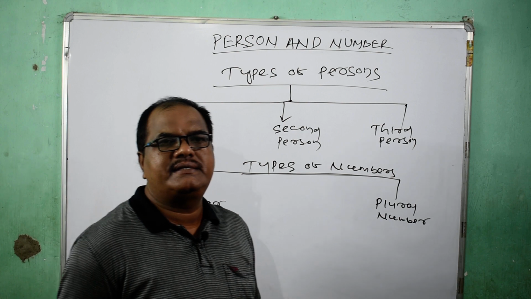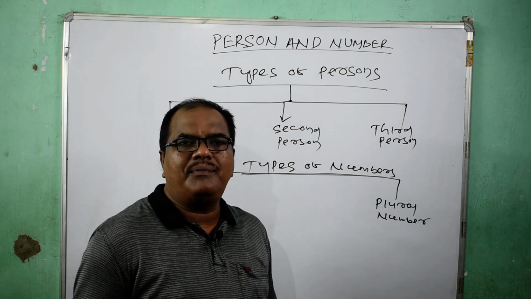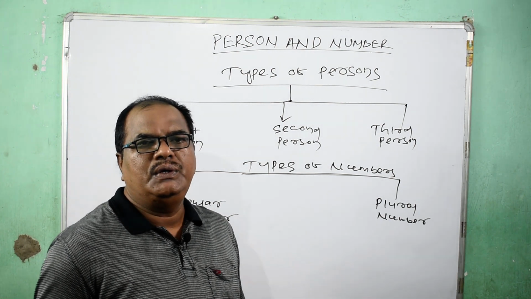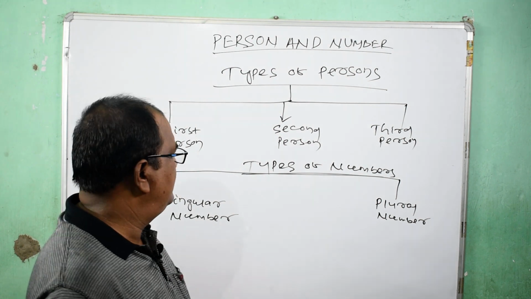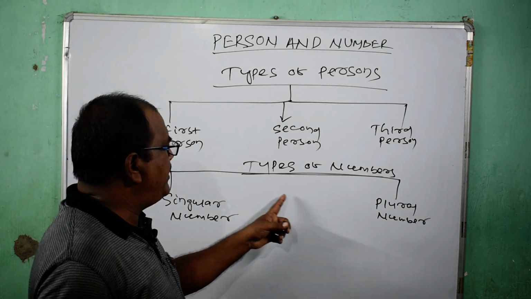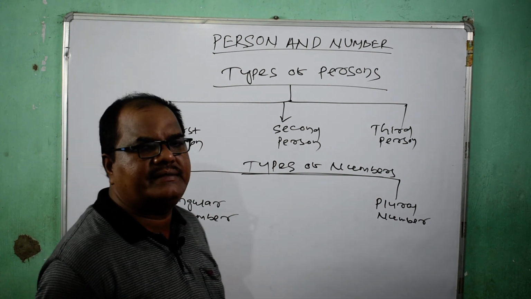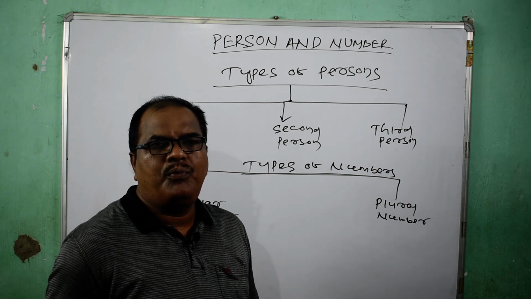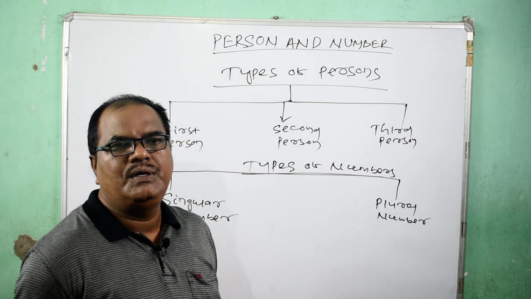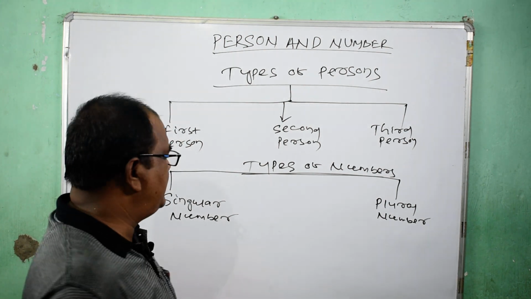But one point you have to note here is that this category of number is closely connected with four classes of words. What are they?